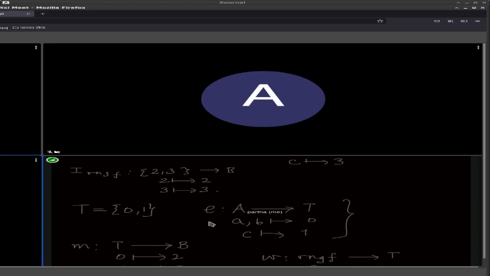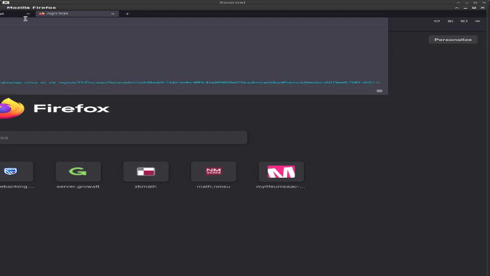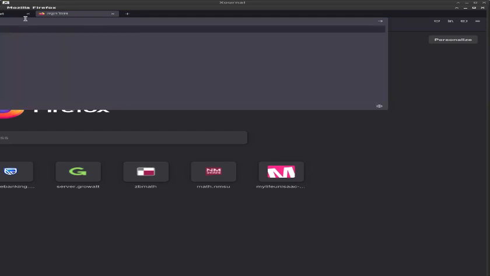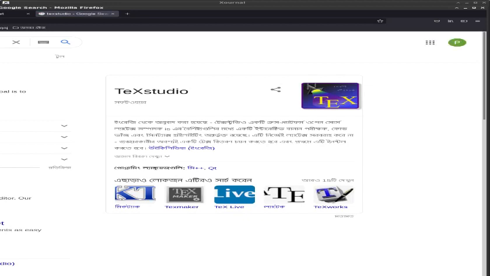TeXstudio. To be frank, I have never used this TeXstudio. I don't know what it looks like even, but I see it says it's a LaTeX editor.